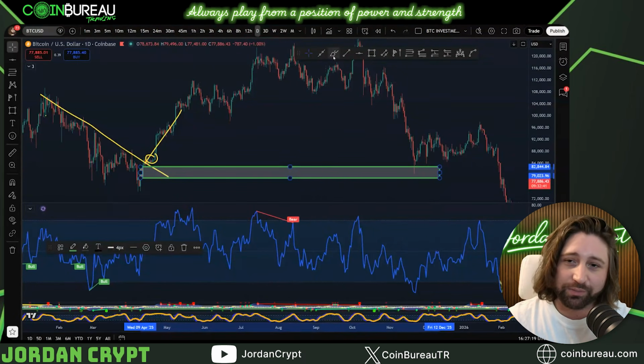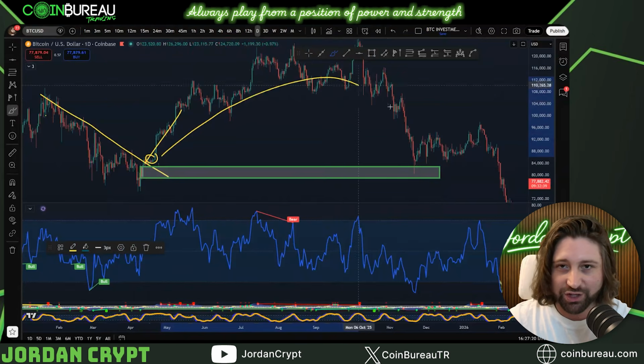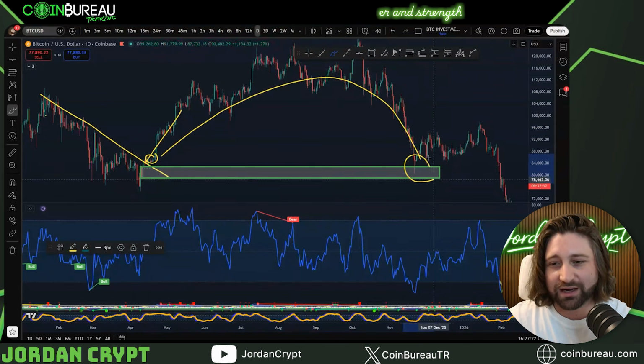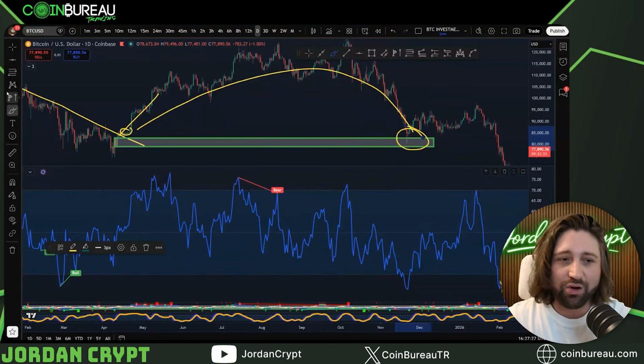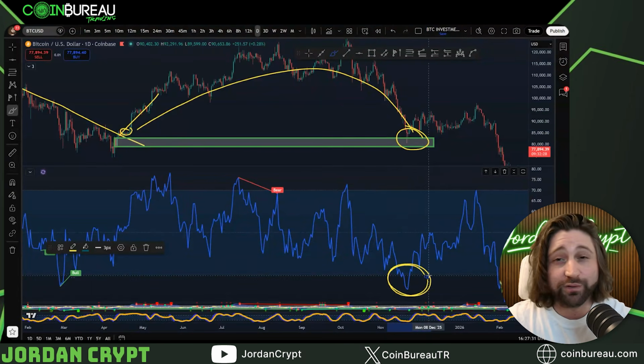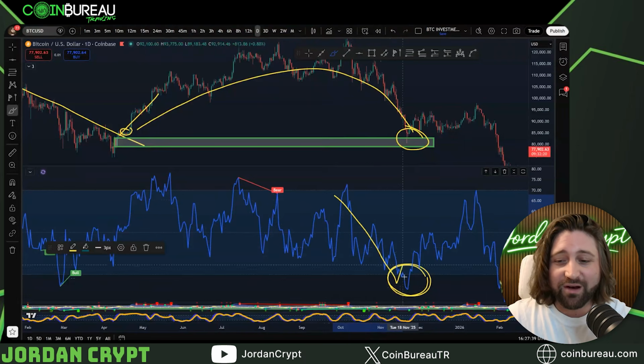Here we can see on price a beautiful mitigation, which means price returning back to that order block. And on our RSI, we see really nice confluence with our oversold level, which means that selling pressure may very likely be running out of momentum and there could be a reversal coming in.